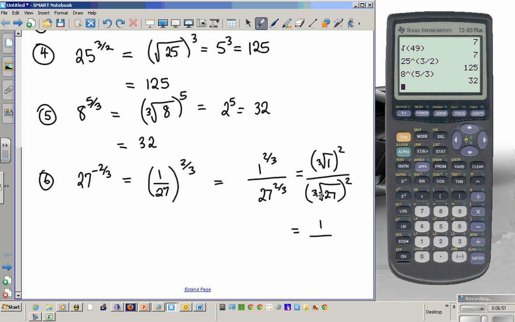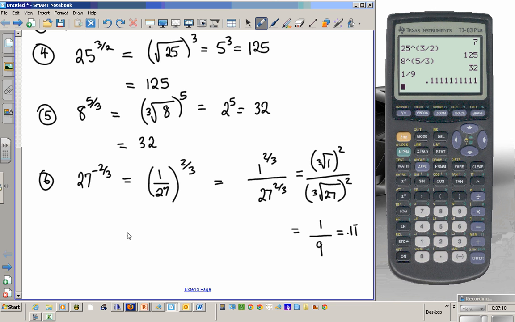The cube root of 27 is 3, and when I square it, it is 9. So 1 over 9 is approximately 0.111 repeating.